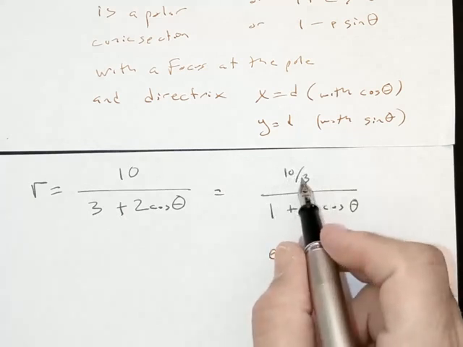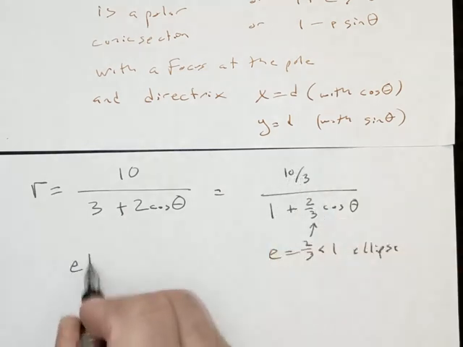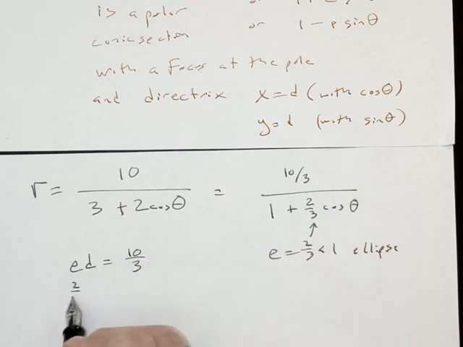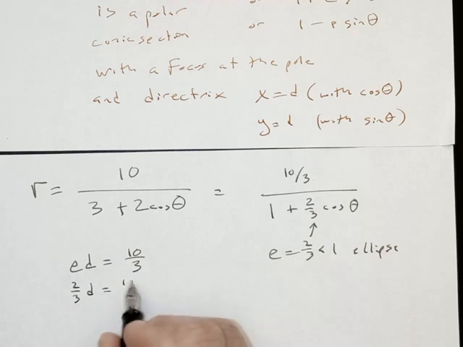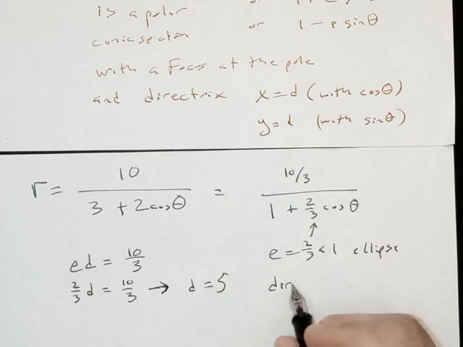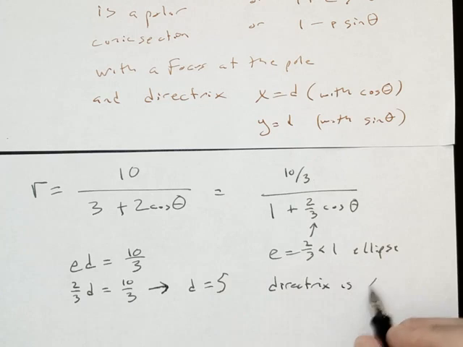That is ed. But we know e is 2/3. So what's d? Bingo. And that means my directrix is the vertical line x equals 5.